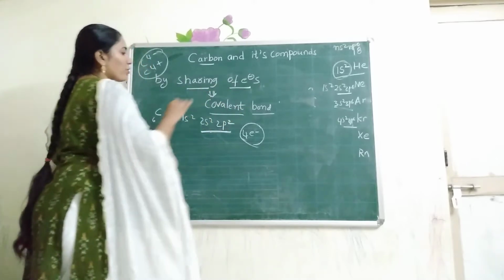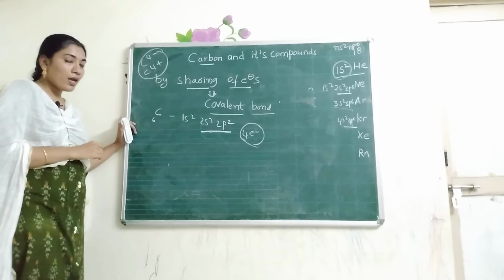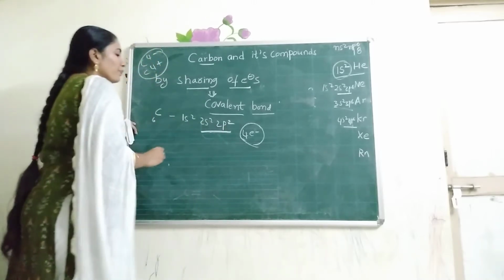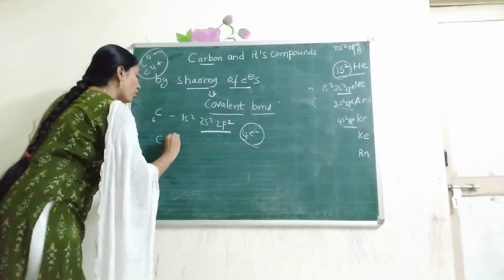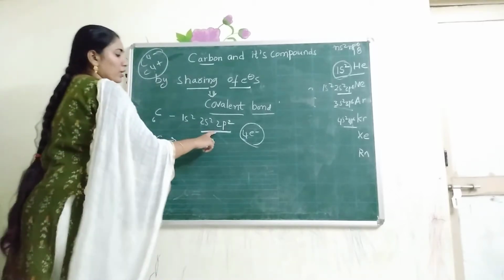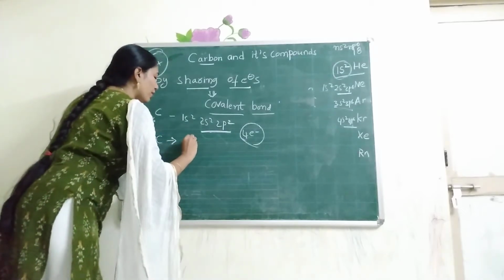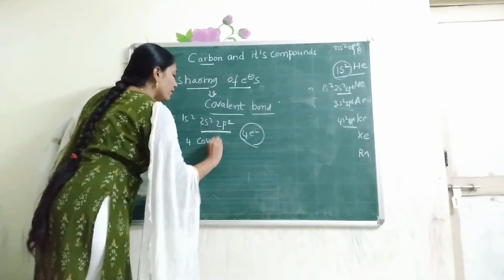The bond which is formed by the sharing of electrons is called the, what is that? Covalent bond. So the carbon can form how many covalent bonds? It needs 4 electrons, so it forms 4 covalent bonds. The carbon can form 4 covalent bonds.